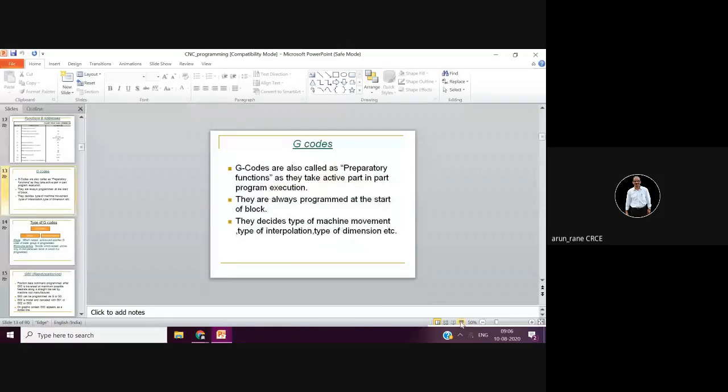So the G codes are called the preparatory function because they take active part in the fast program execution. They are always at the beginning of the block. But as I said earlier, it can be anywhere in the block.